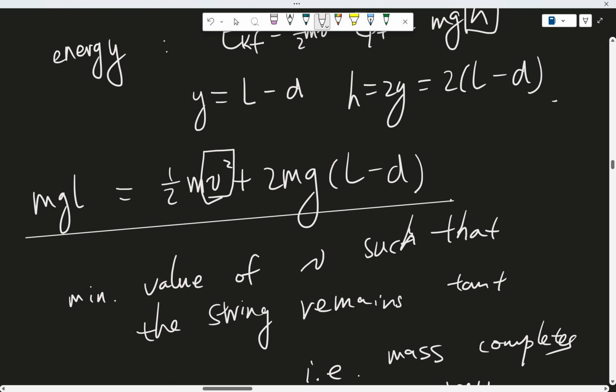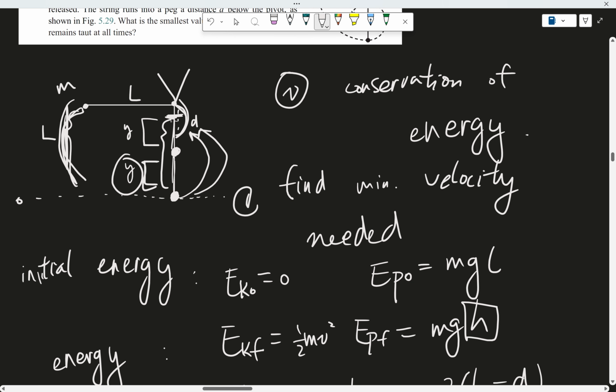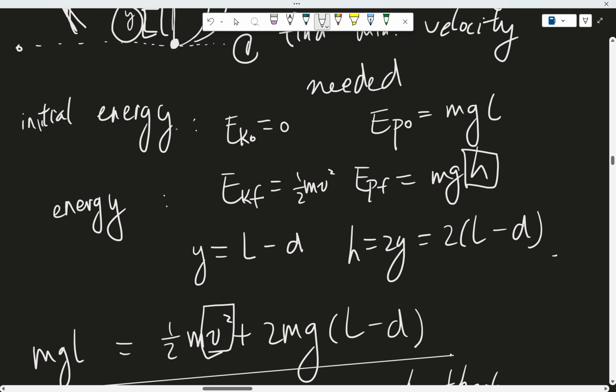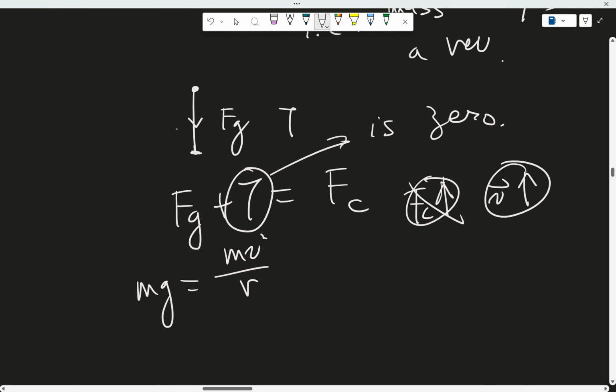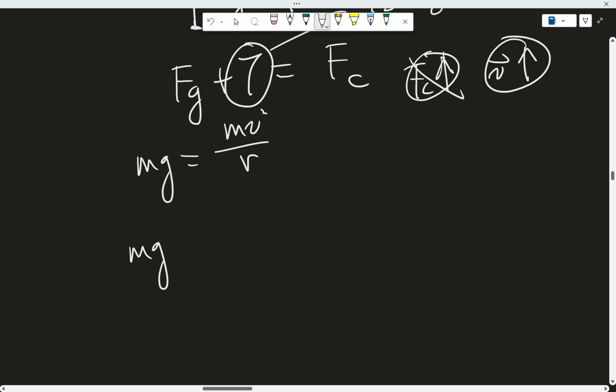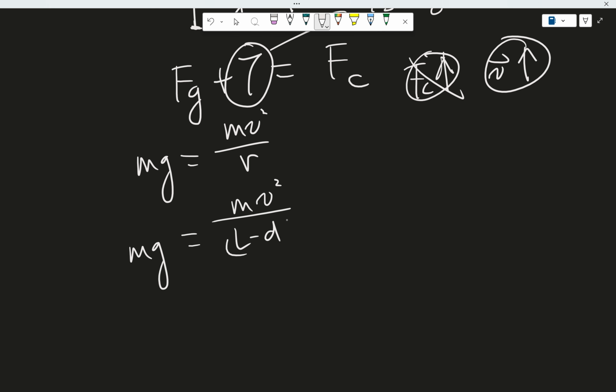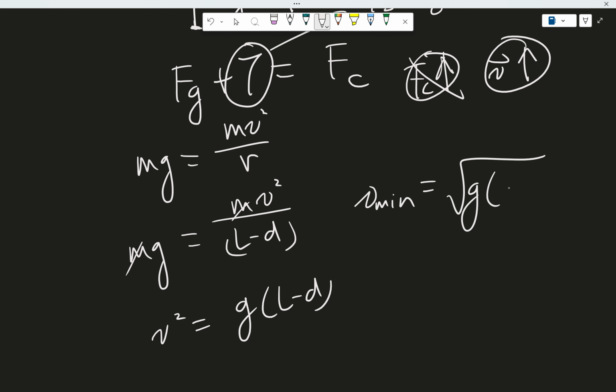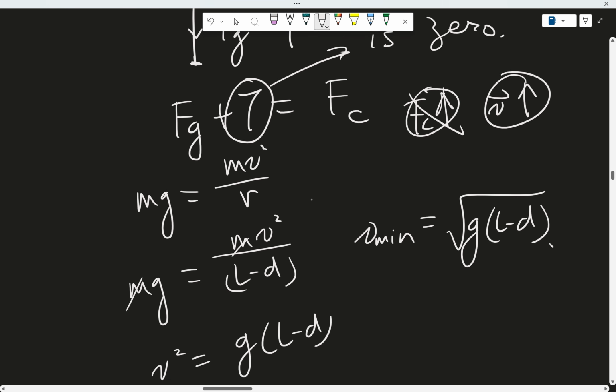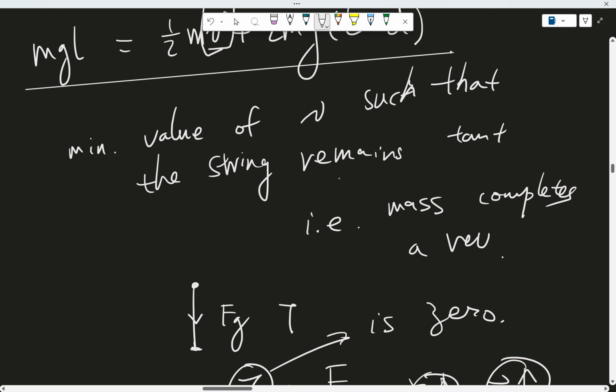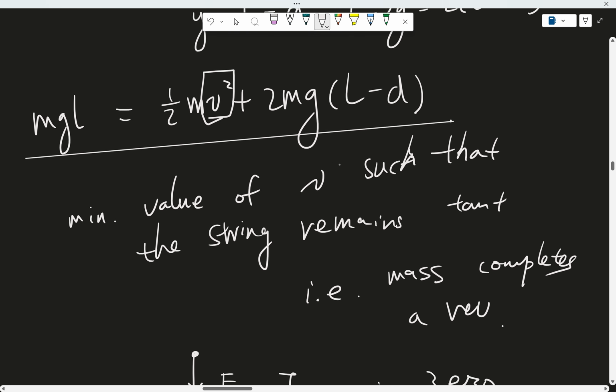And what is r? Well, r is just this y. And for y, we said that y is L minus d. So mg must be equal to mv squared over (L minus d). And so then v squared equals g(L minus d), since m cancels. And so the v minimum is just the square root of g(L minus d). And so then plugging this into the equation, what do we get?